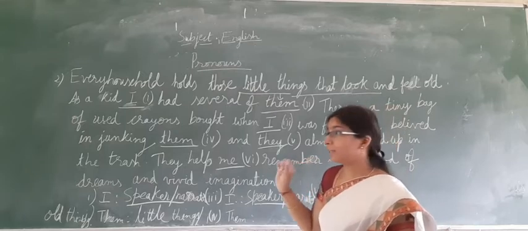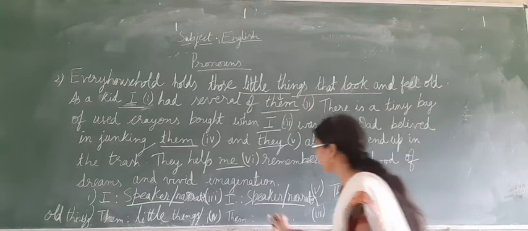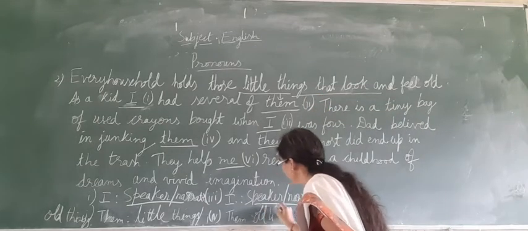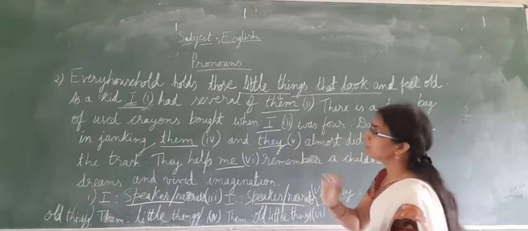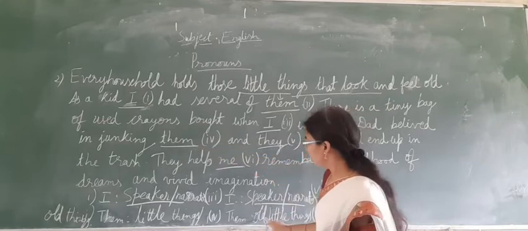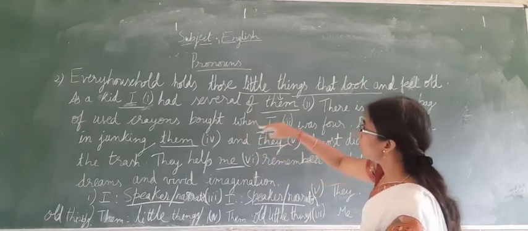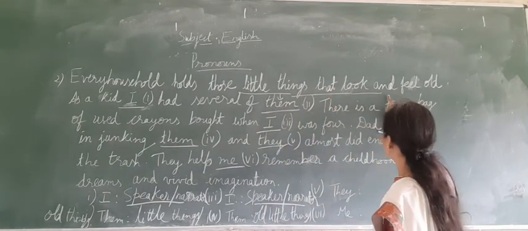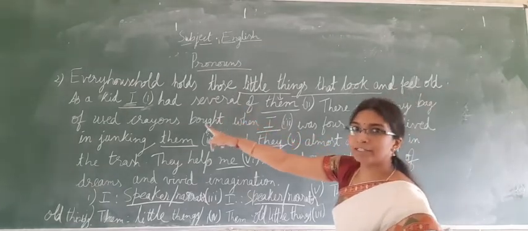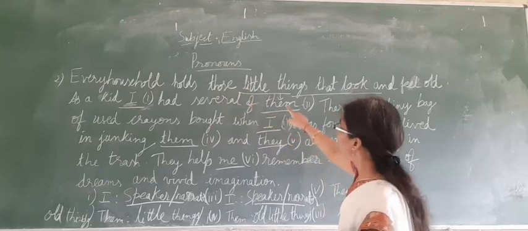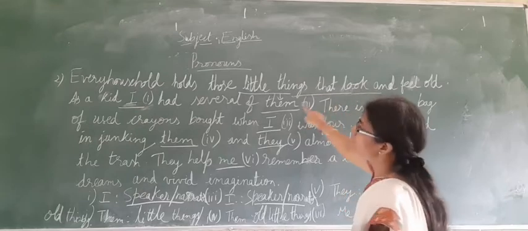Which ones are they? Yes, old little things. If you insert the noun in place of them in the sentence, you will get the same meaning. Every household holds little things that look and feel old. As a kid, the narrator, in place of I, had several of them, that is, several of the little things that look and feel old.